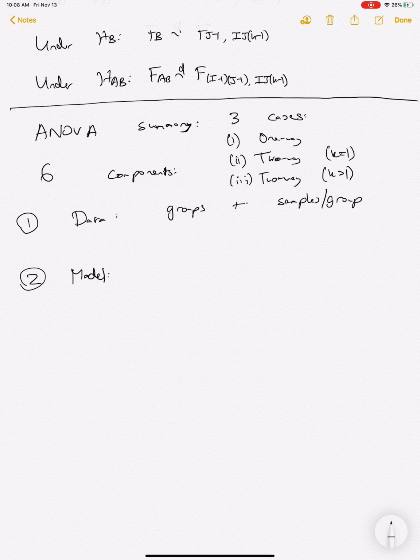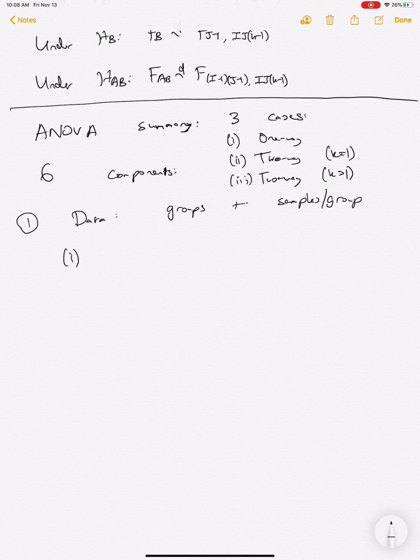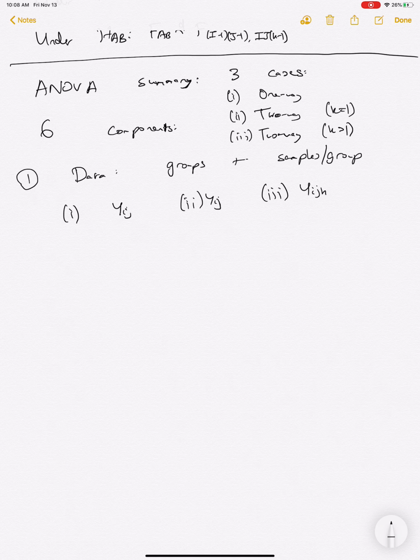Let me be a little bit more explicit here. For the first case, obviously we have Yij as our data. For the second case, we also have Yij, but as we see, the model will be different. And for the third case, we have Yijk, because now we have more than one sample per group. And then for our model, I'm summarizing this, so there are a few things that I'm not going to include.